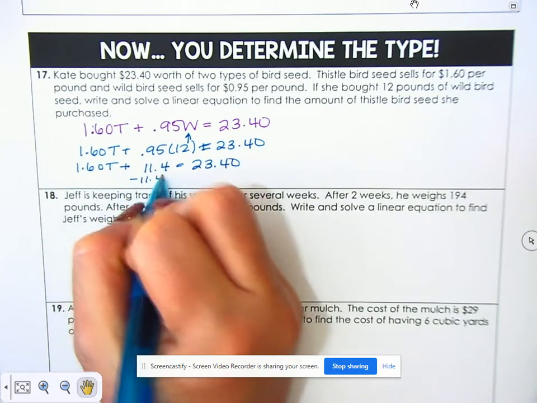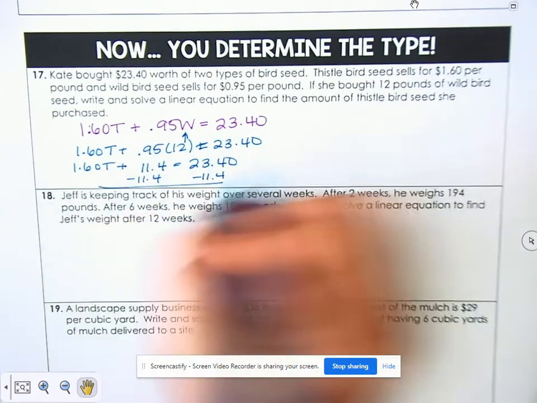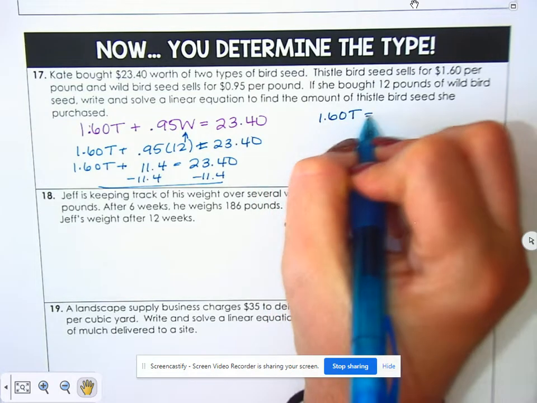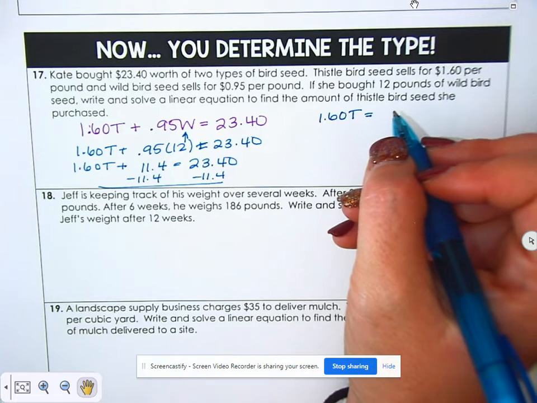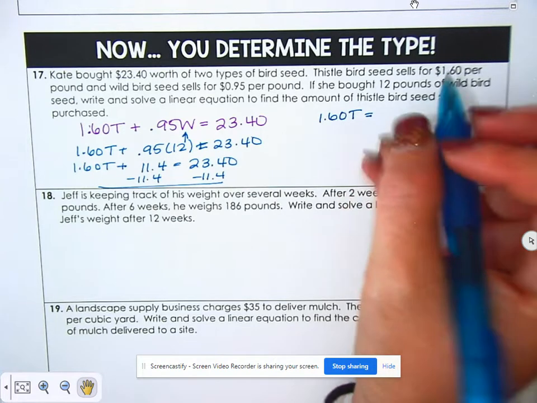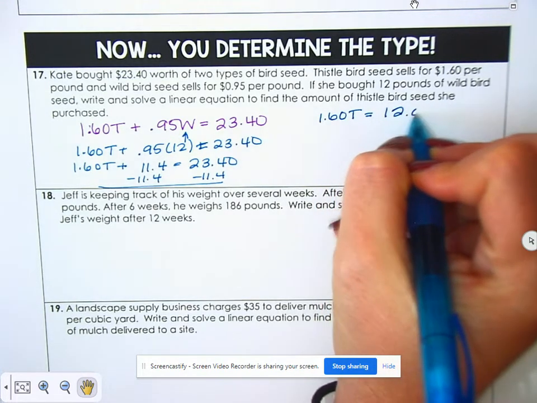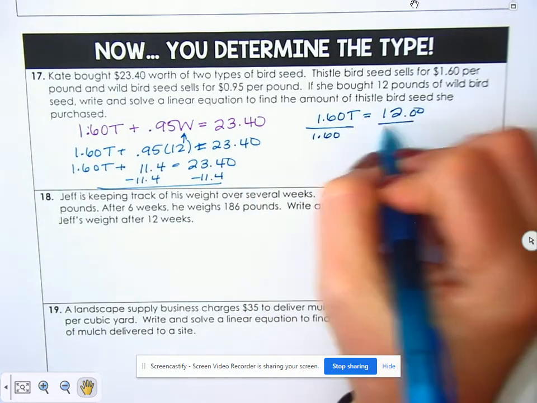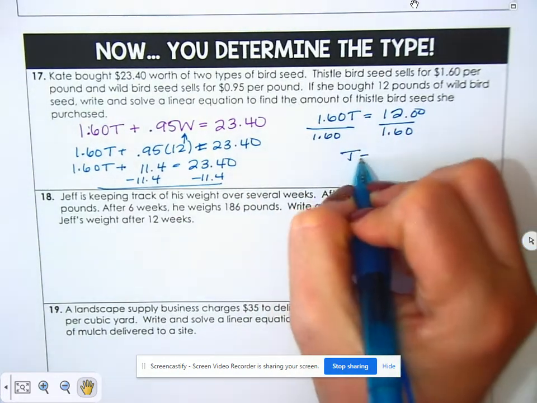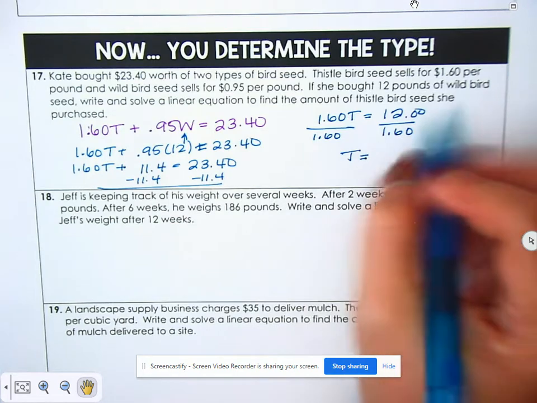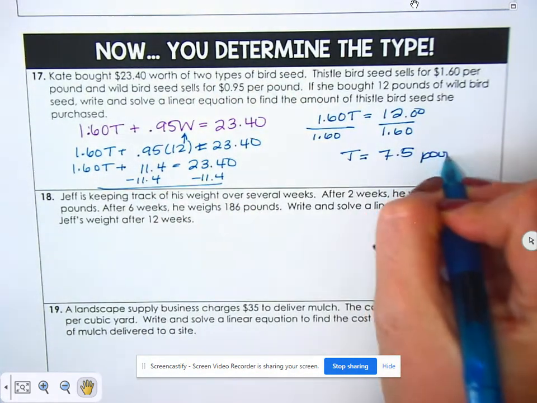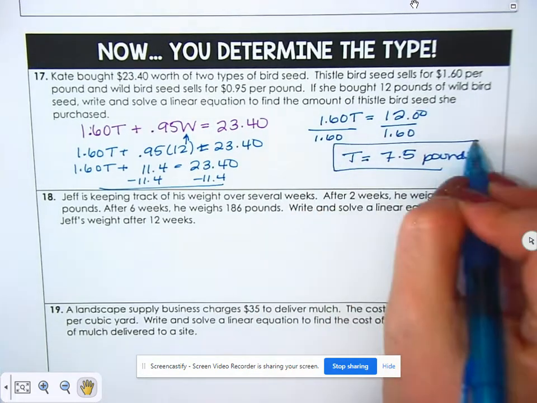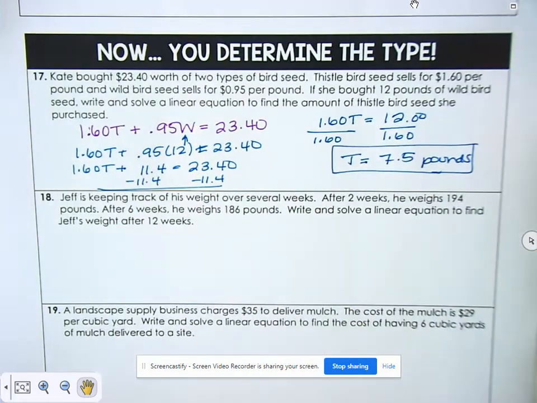And then again, we're two-stepping that. So the total there is going to be 7.5, and that's in pounds of the seed.